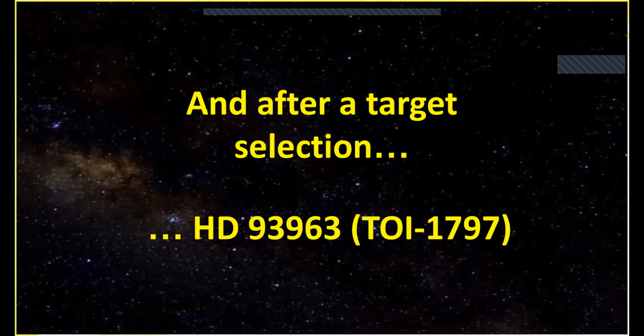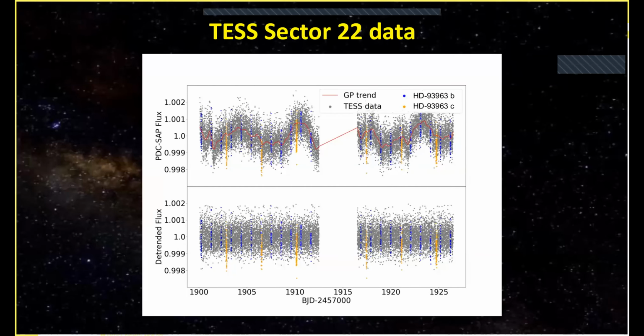And among our golden targets, there was HD 93963, alias TOI 1797. At the time, we only had TESS sector 22 data. Although we knew that another sector had been observed, we decided to observe it anyway with CHEOPS, because being an active star, it would have been more complicated to validate a signal like this.